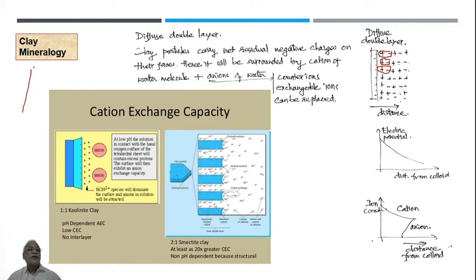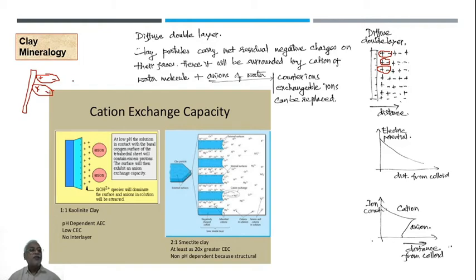When you have a clay mineral which is flaky, on its surface you have negative charges. When a water molecule comes, it stands like this, with its positive pole on this side and negative pole on that side. Like that, a number of water molecules will be standing with plus attached to the clay mineral and minus on the other side.